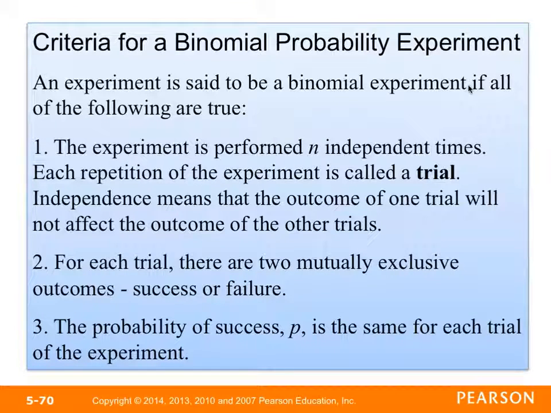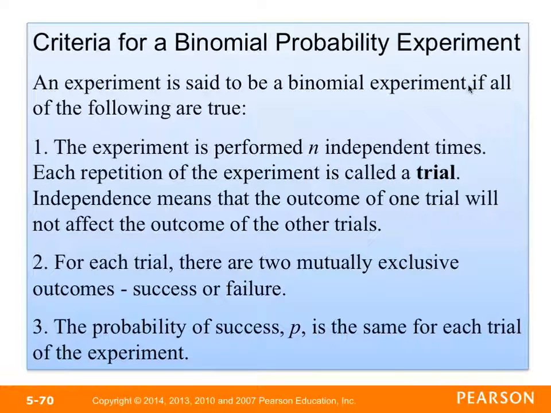So I want to give you a little refresher first on the criteria for a binomial probability experiment. This was from the previous chapter, chapter 6. So if you're stuck on chapter 6 still, I would make sure that you go back and understand that really well before starting this, because you have to understand what a binomial probability experiment is first. All right. An experiment is said to be a binomial experiment if all of the following are true.